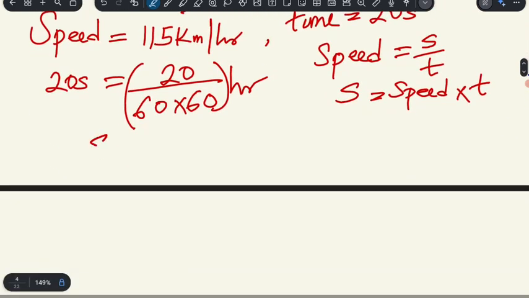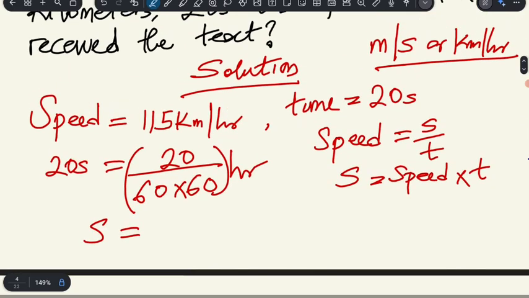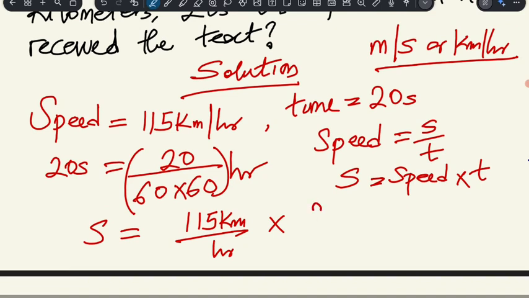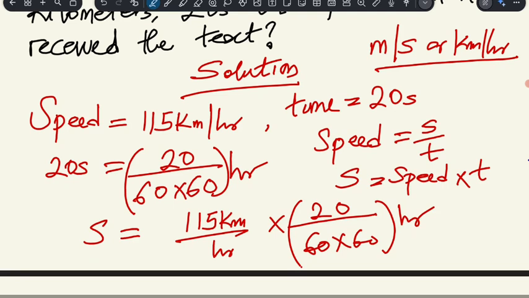So if our x is equal to our speed, 115 kilometers over 1 hour, multiplied by 20 minutes, we divide by 60 to convert to hours. Now the hour cancels the hour.